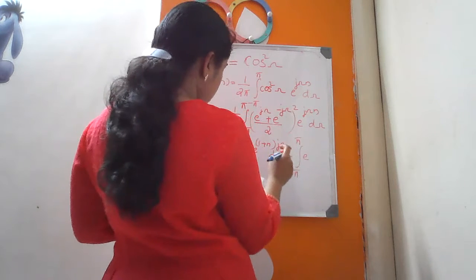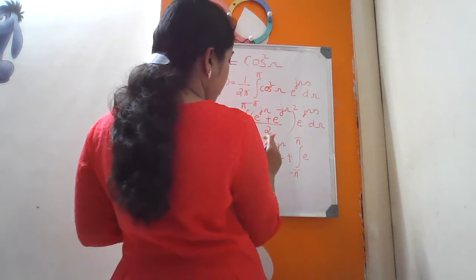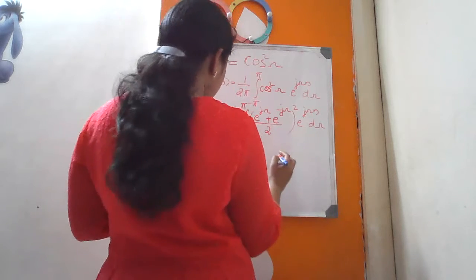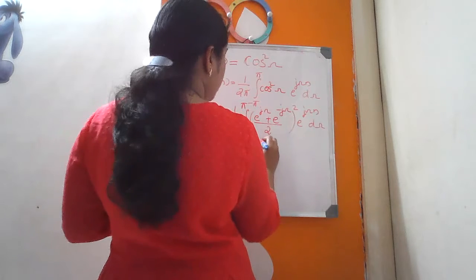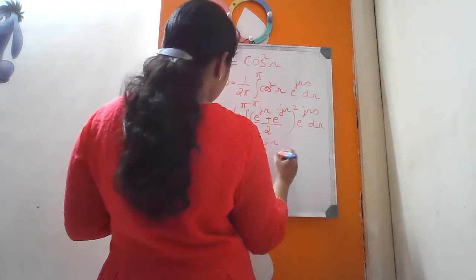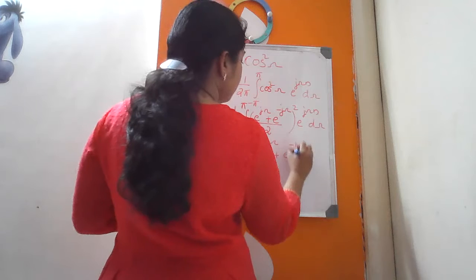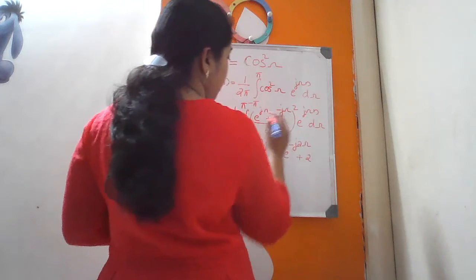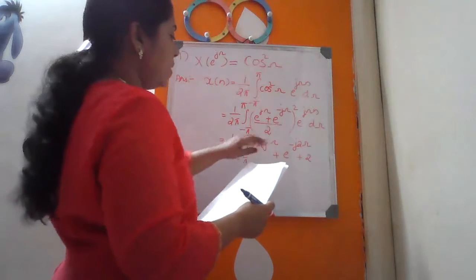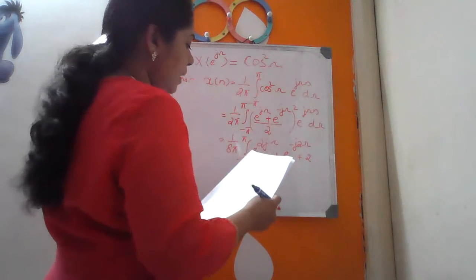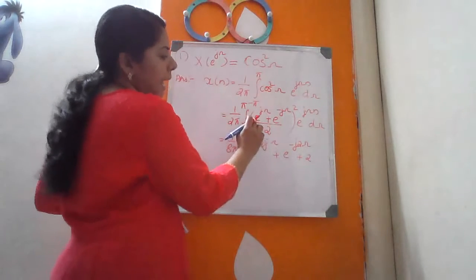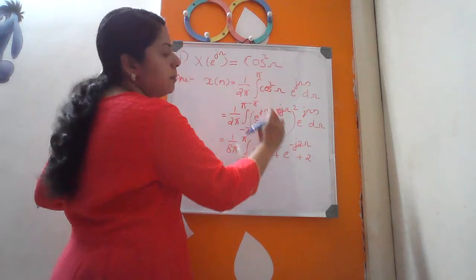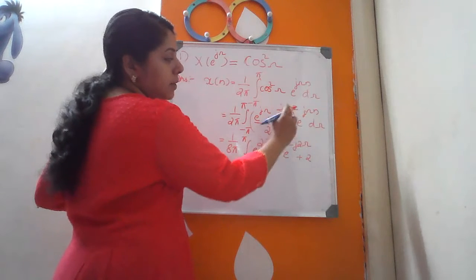First we expand it: e power 2j omega plus e power minus 2j omega plus 2. In terms of a plus b the whole square, that is a square plus b square plus 2ab.